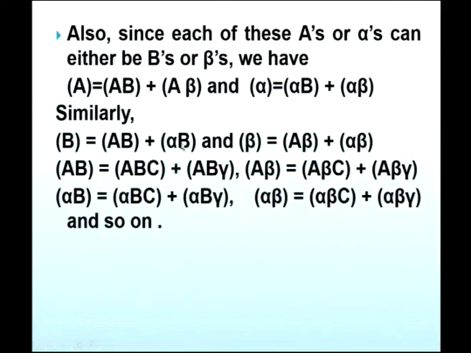So, B is present in both the cases. So, totally if you want to have the class frequency of B, then you should take AB plus alpha B. Then talking about the non-possession of the attribute B, beta is A beta plus alpha beta.